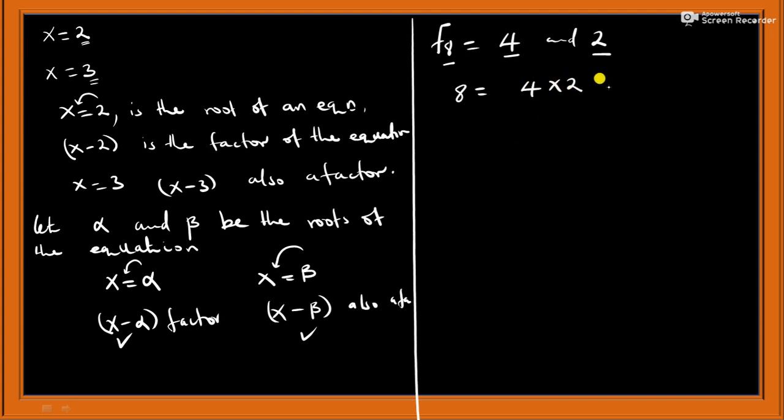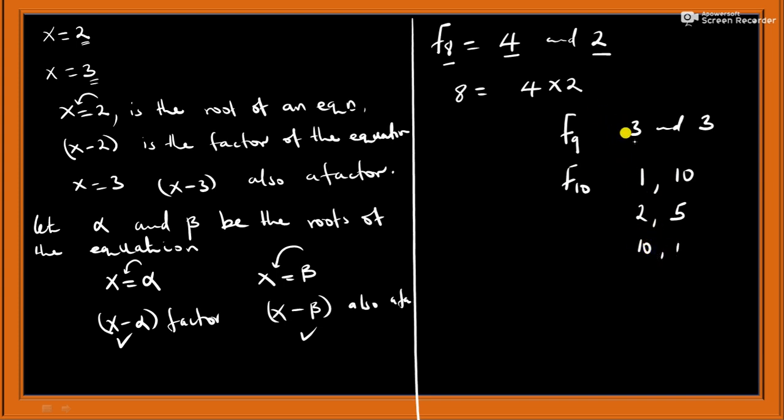So it is not just a coincidence. If I say factors of 9, you will say 3 and another 3. If I say factors of 10, you will say 1 and 10, 2 and 5.